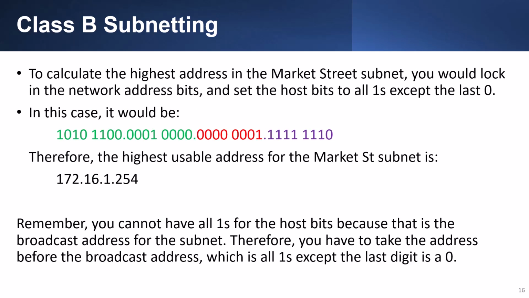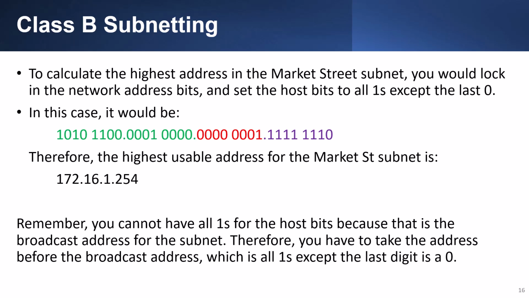To calculate the highest address in the Market Street subnet, you would lock in the network address bits and set the host bits, as shown in purple, to all ones except for the last 0. Therefore, the highest usable address for the Market Street subnet is 172.16.1.254.